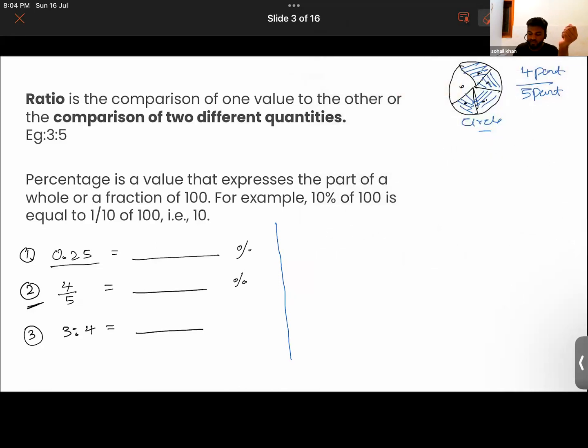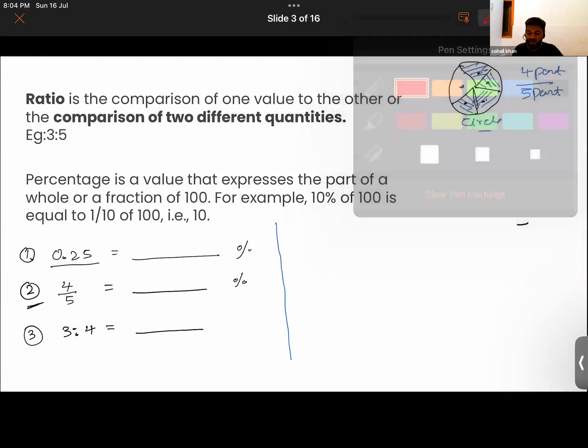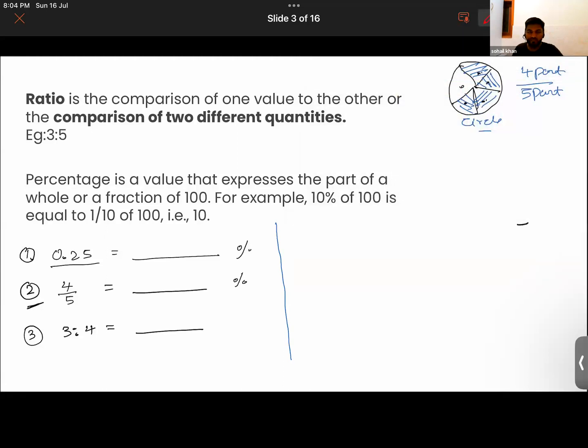Just focus on the question which I just gave you. 4 by 5 part out of 100% of the circle we are trying to find out here. So 4 by 5 part, it will be 80%, right?